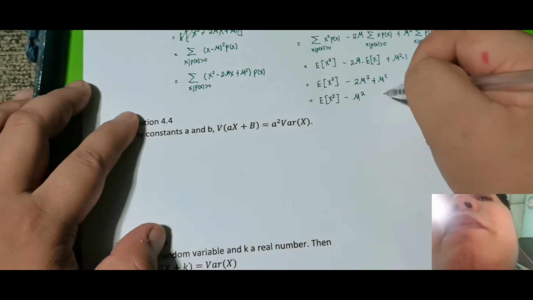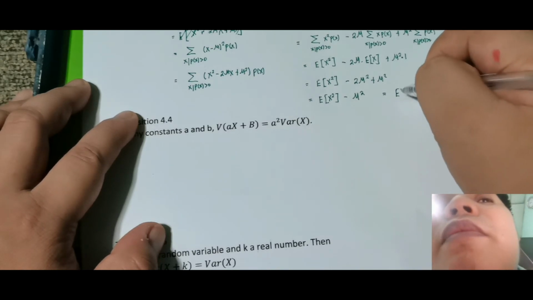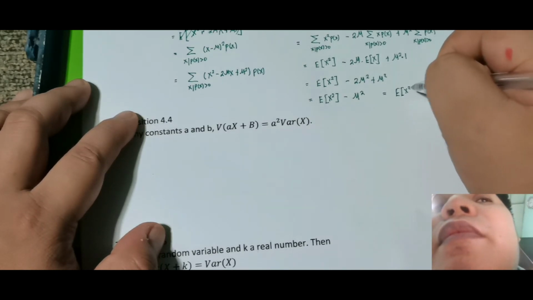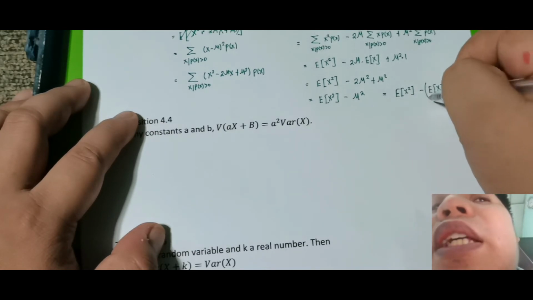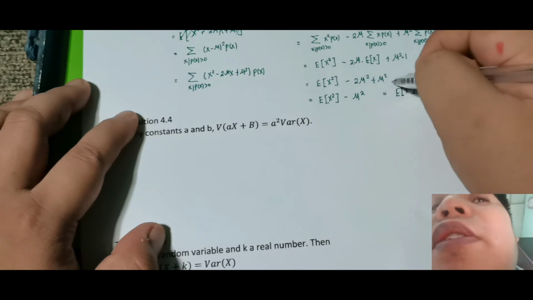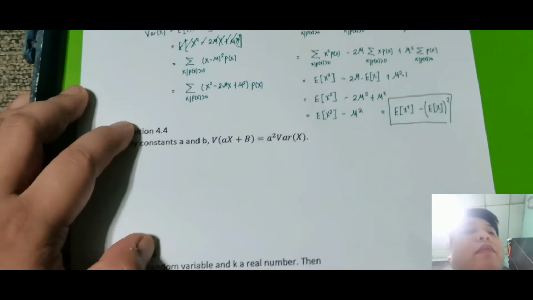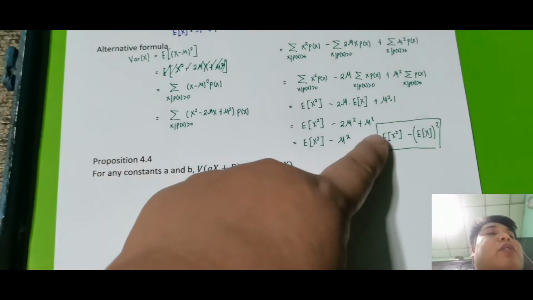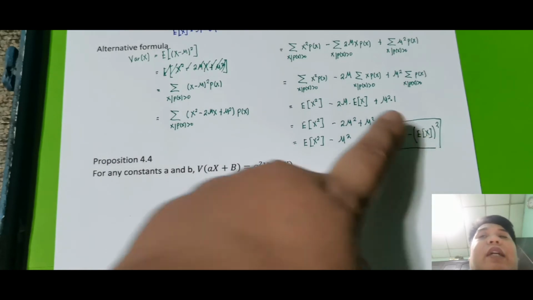So, therefore, our formula for the variance of x is just the second moment, minus the first moment, then squared. So, meaning the first moment itself is squared. So, therefore, this is our alternative formula. Okay, so all you do is take the second moment minus the first moment raised to 1, squared.